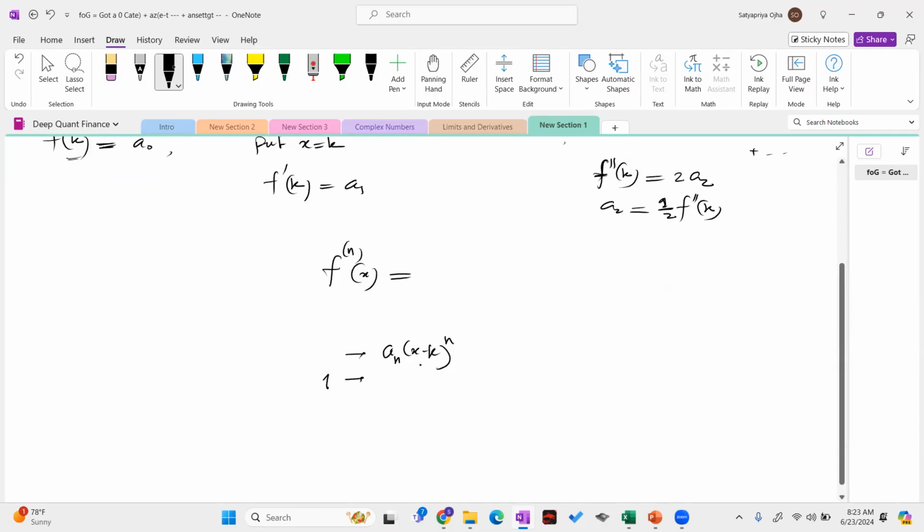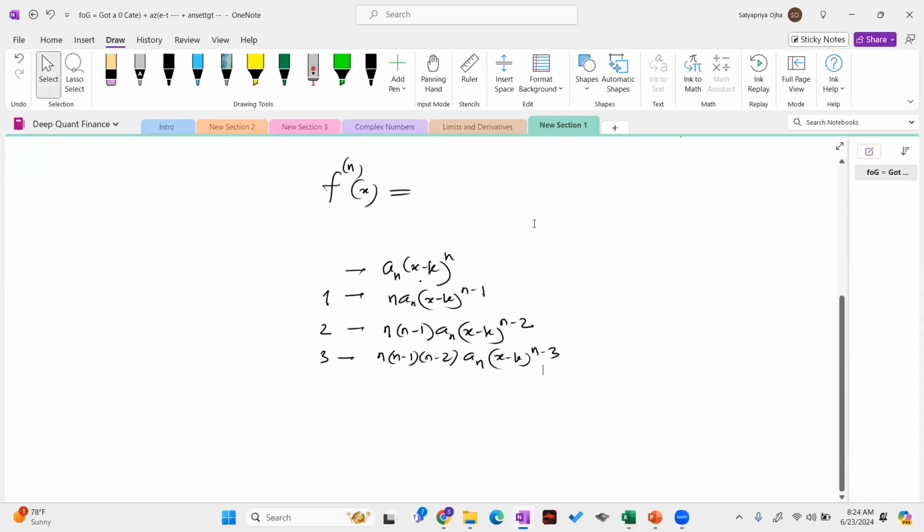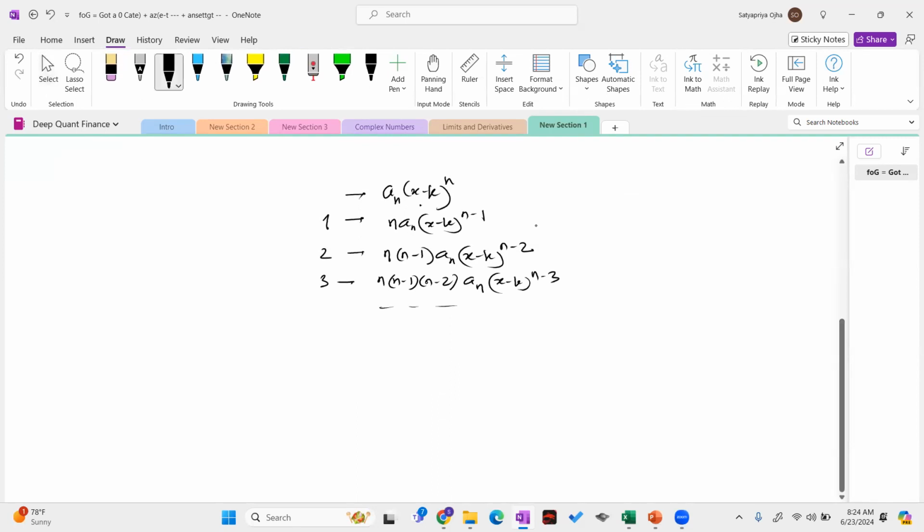Differentiate once, you get n a n x minus k to the power n minus 1. Differentiate twice, you get n times n minus 1 a n x minus k to the power n minus 2. Differentiate thrice, you get n times n minus 1 times n minus 2 times a n x minus k to the power n minus 3. Differentiate n times, continue this pattern.